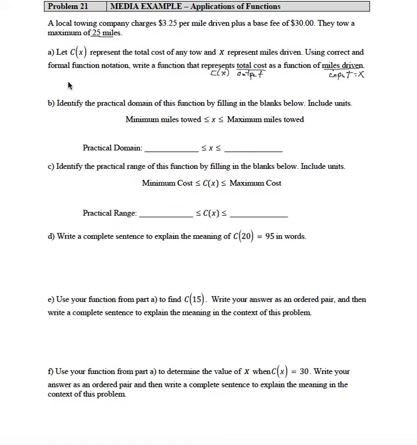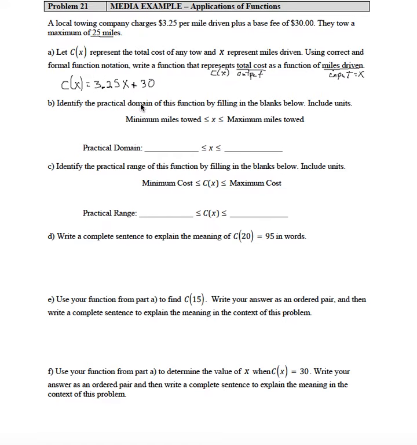So let's write C of x equals $3.25 per mile, so 3.25 times x plus a base fee of $30. So there is my function for C of x.